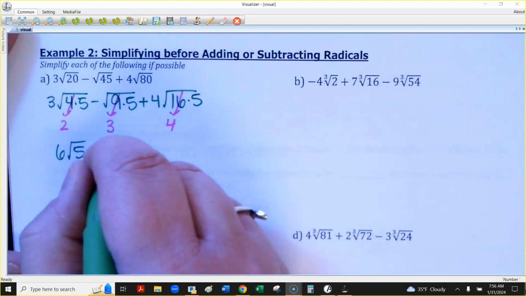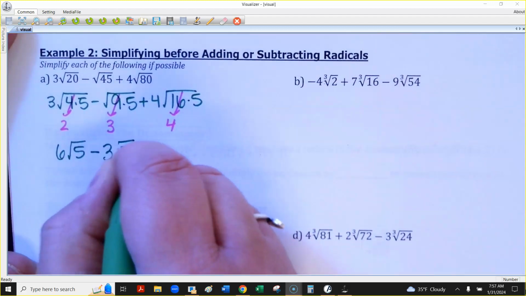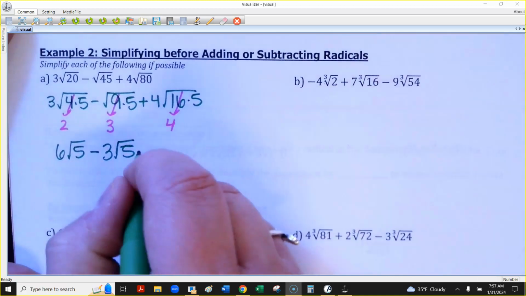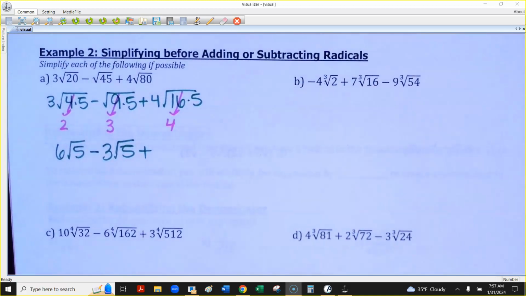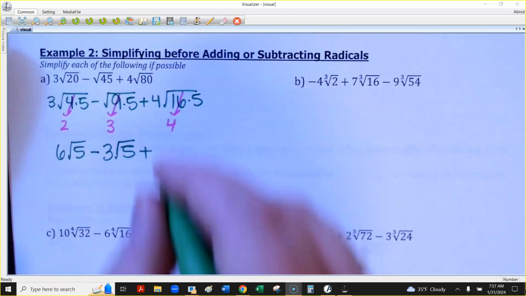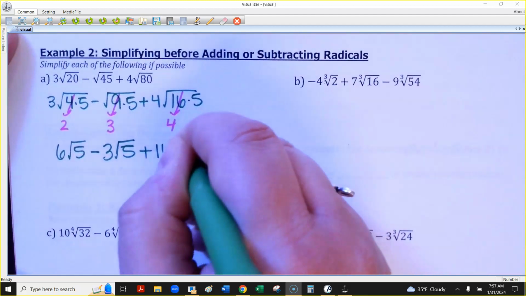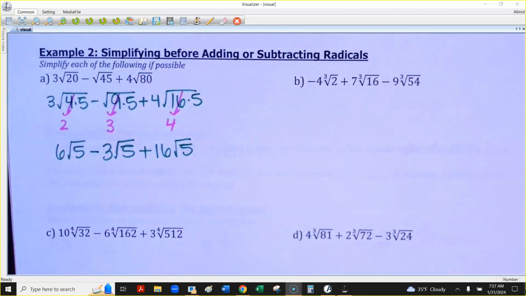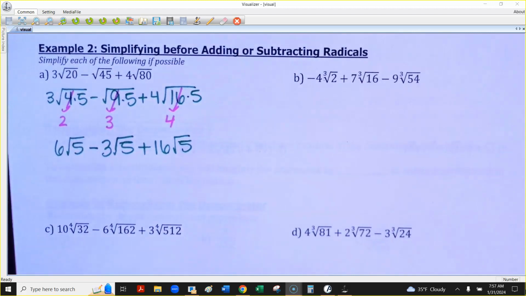So I pulled out a 3, so this would be minus 3 roots of 5. And then the last term, I had a 4 in front of it, pulling out a 4. So this will actually multiply to get me 16 roots of 5. So initially, when I looked at that problem, I didn't think I could do it. But if I actually simplify and put them in simplest radical form, they are all like radicals. They're all roots of 5.